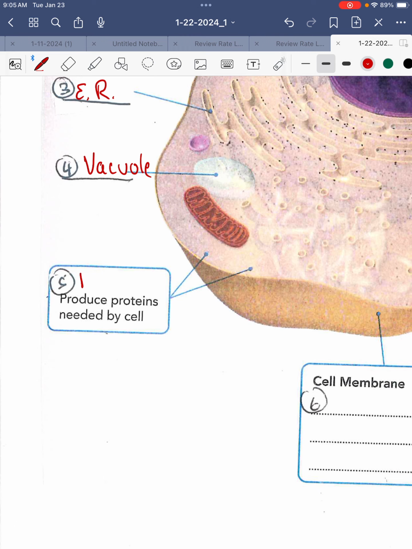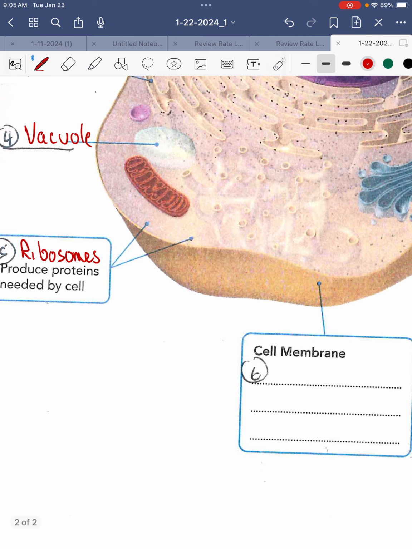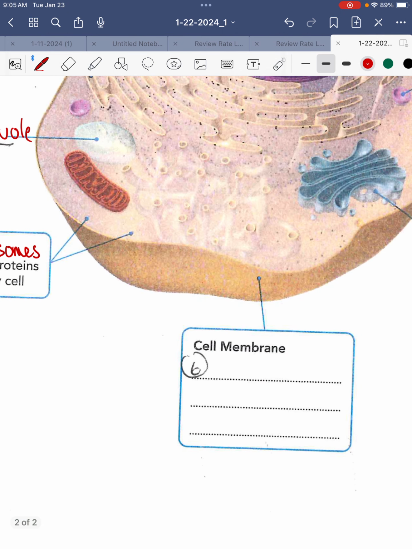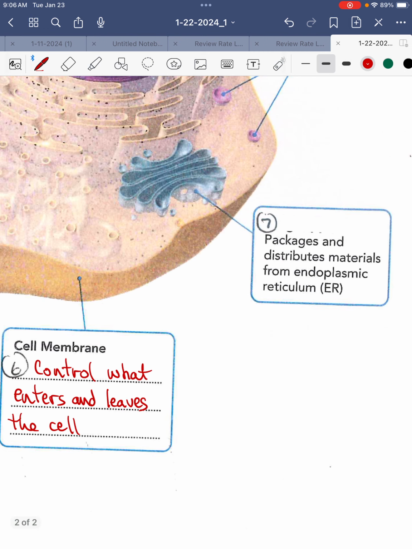Here's some more ribosomes, just like in the plant. The cell membrane will regulate or control, maybe that's a better word, what enters and leaves the cell. Again, cell membrane was in both plant and animal cells.